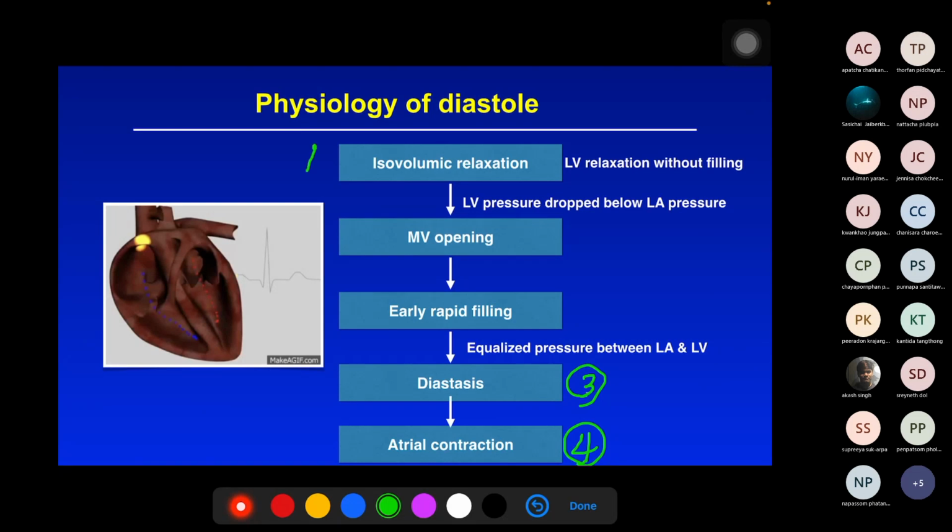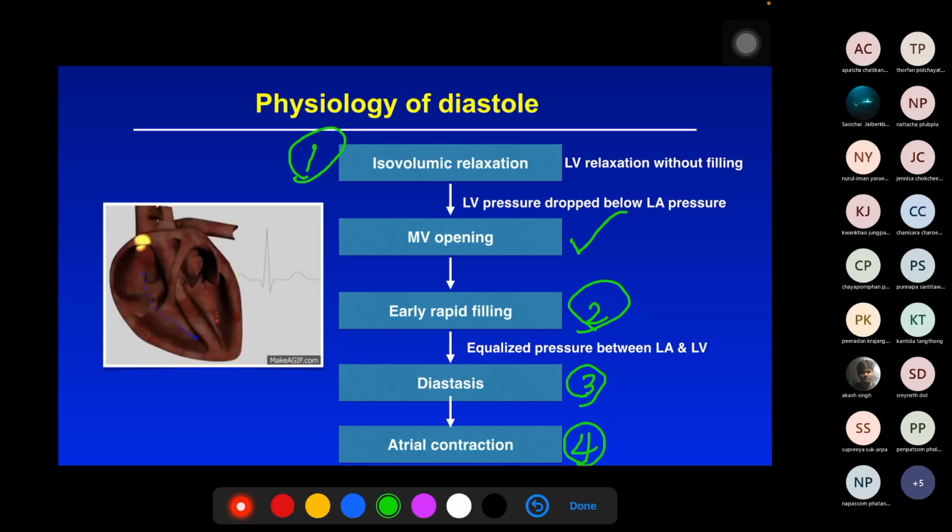Again, first one, isovolumetric relaxation time. When the pressure in the LV is lower than the LA pressure, the mitral valve is opening. And then the second phase, early rapid filling. This phase is the most important because most of the blood during the diastole is filling the LV in this phase.